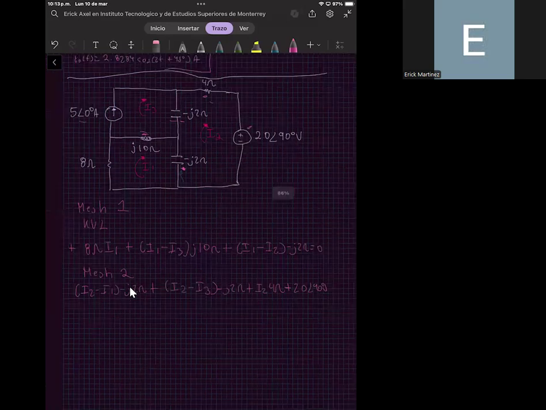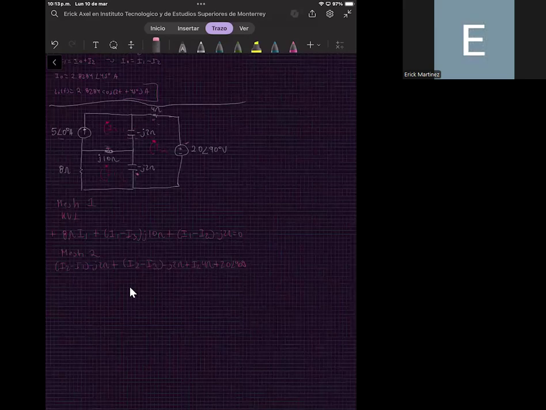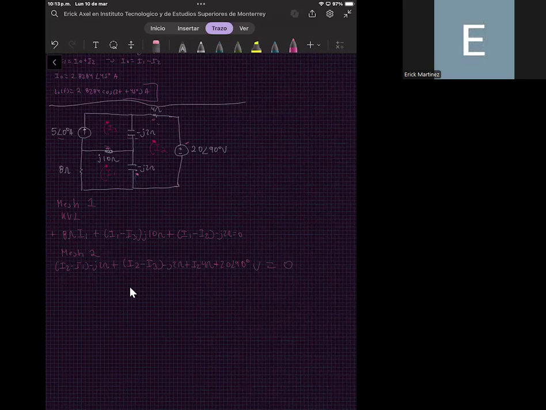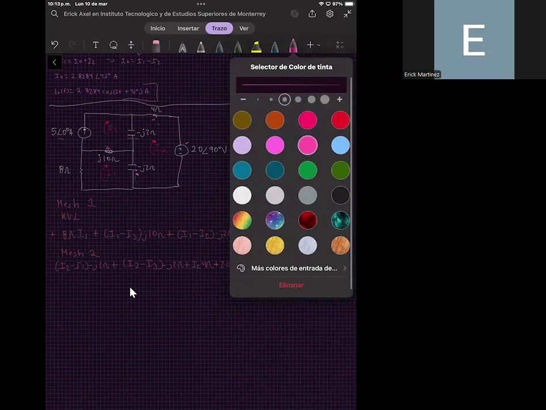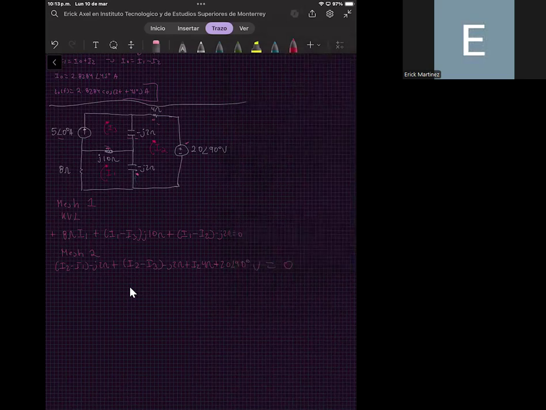Let me erase this to be a little bit more clear. And this should be equal to 0. So this is for mesh number 2, but you can observe that we have one problem here: we have two equations and three unknowns. We have I1, I3, and I2.